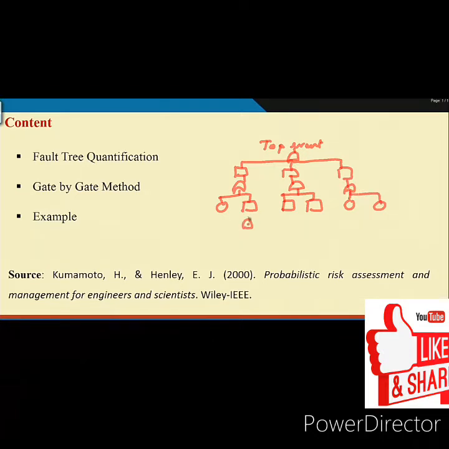Again you find out a gate here, then maybe the fourth level contributors. Suppose here one AND gate, another contribution, and here maybe an OR gate and contribution. So, this top event is finally linked to bottom events. These are the component level events B1, B2, B3, B4, B5, B6, B7, B8, B9.